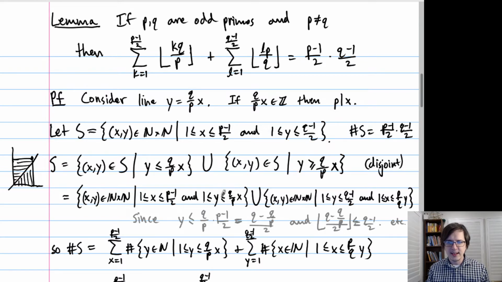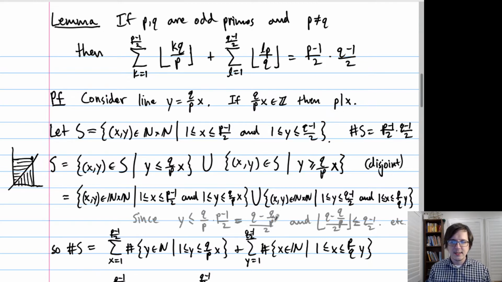And the reason for that is, how big can y be according to these two inequalities? y is going to be less than or equal to q over p times however big x can be, which is (p minus 1) over 2. Then bringing the p into the numerator, we have q minus some positive number over 2.